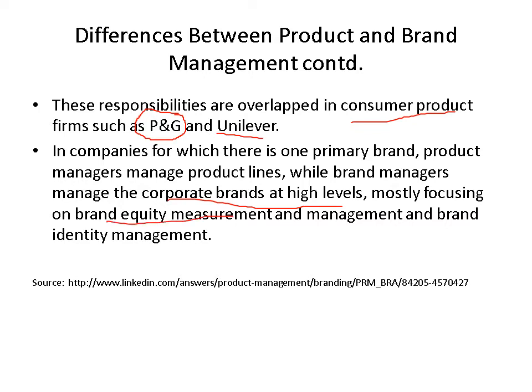Brand equity measurement is the premium value that customers give to the brand. An example is the Apple iPhone. The price is premium. Everyone wants to have it, but not all have the privilege to own it. So that is the brand equity we are talking about.